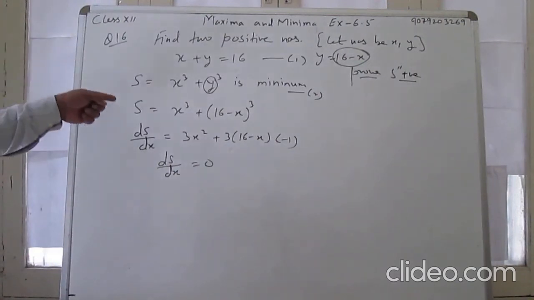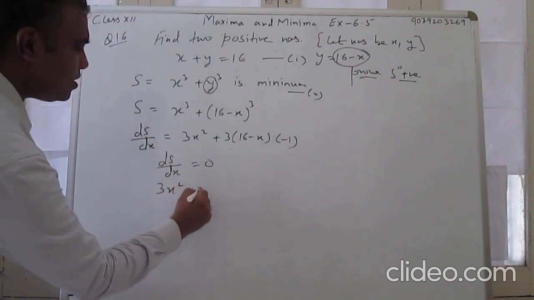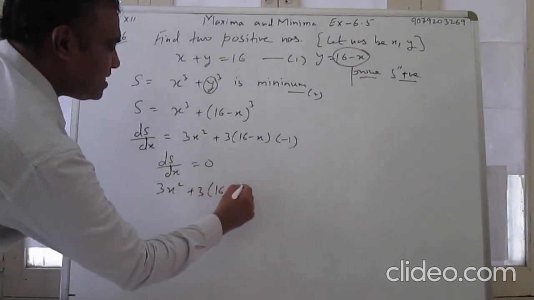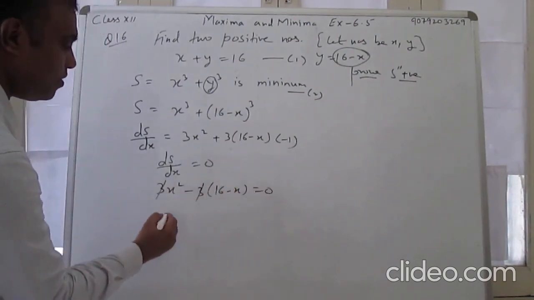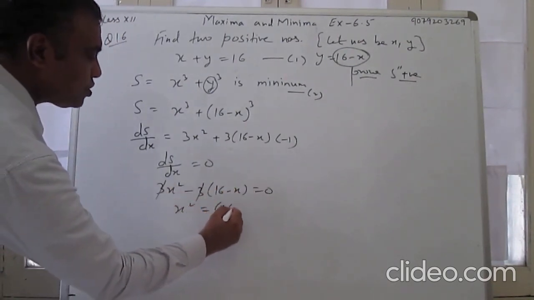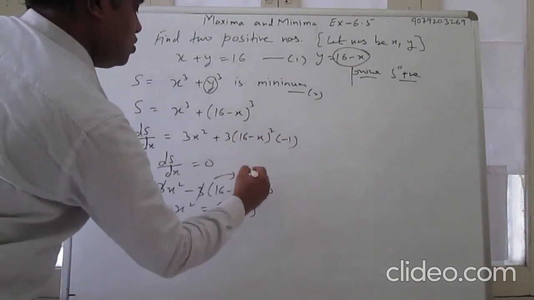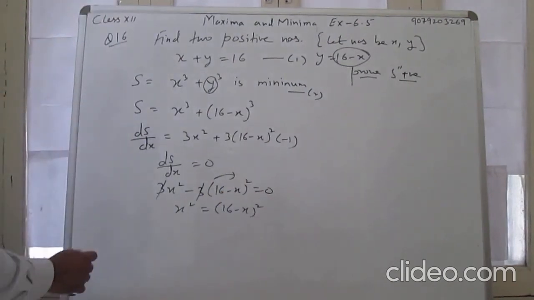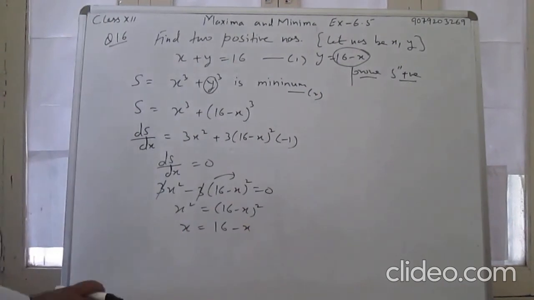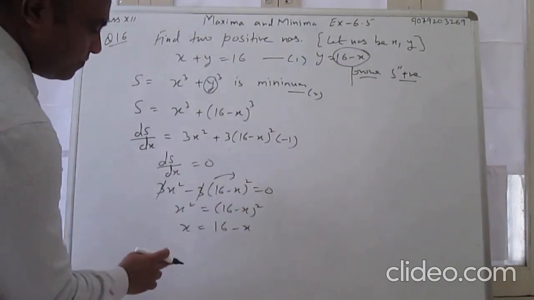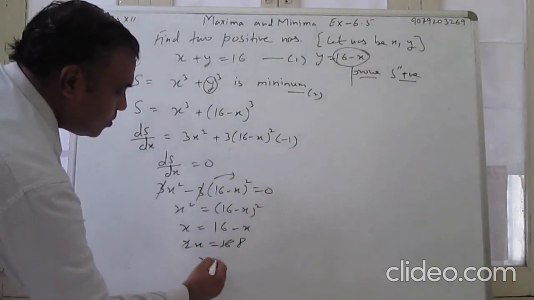So 3x square minus 3 times 16 minus x whole square is equal to 0. 3 cancels out, so x square is equal to 16 minus x whole square. Taking square root on both sides, x is equal to 16 minus x; the negative side is not possible, so we take positive. So 2x is equal to 16, x is equal to 8.